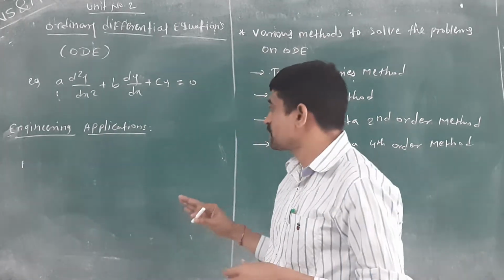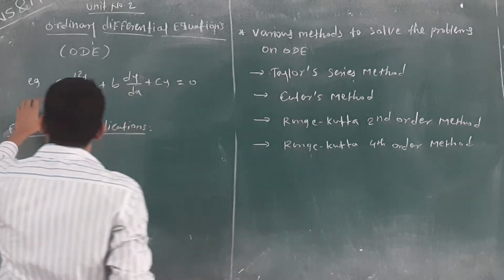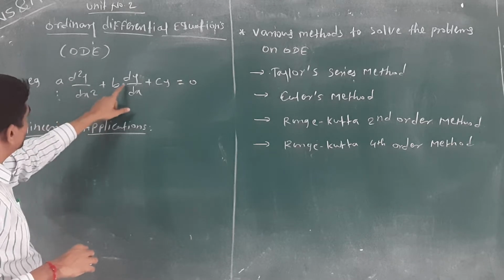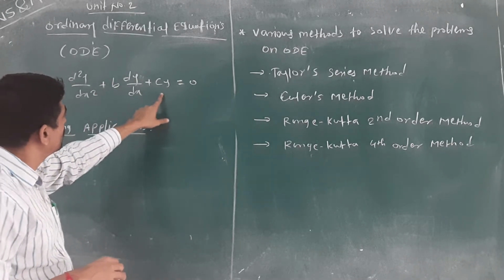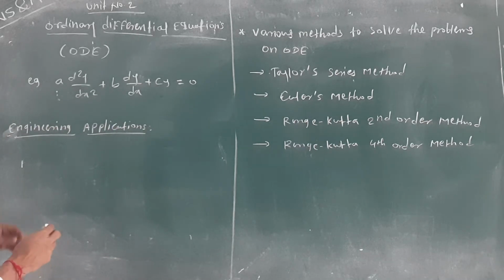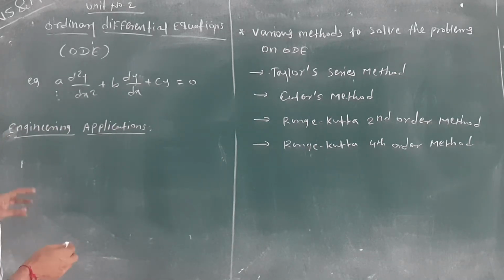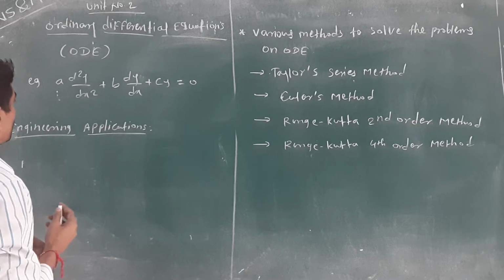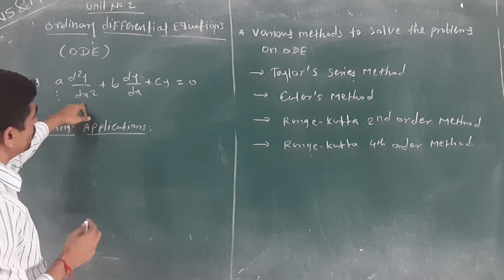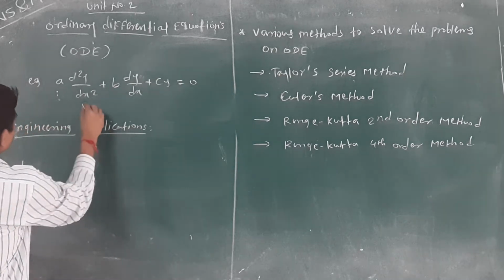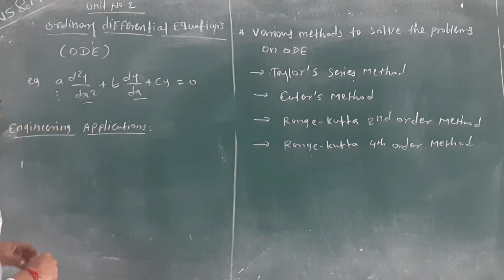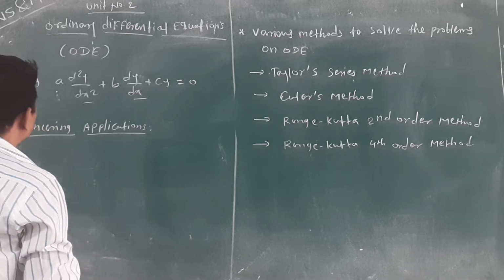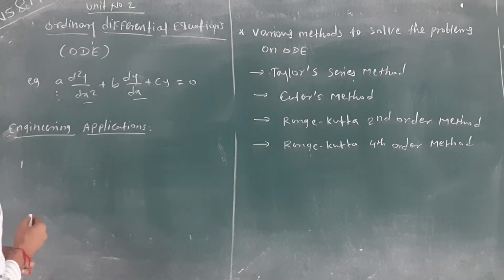See, here I have taken one example: a d square y by dx square plus b dy by dx plus cy is equal to 0. When a differential equation contains all the derivatives with respect to only a single variable, here the variable is x, then it is called an ordinary differential equation.